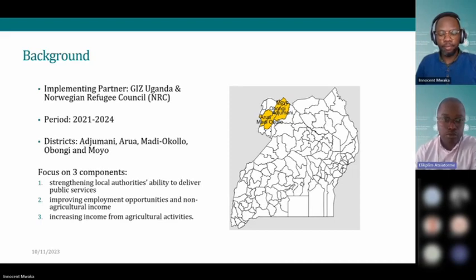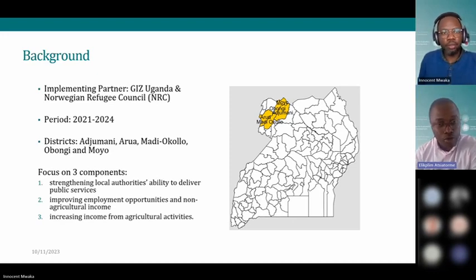This was done between 2021 and 2024. It's still ongoing. We're still collecting data to conduct the analysis and to estimate the impacts. It was done mainly in Adjumani, Arua, Madiokolo, Obongi and Moyo in the northern part of Uganda.